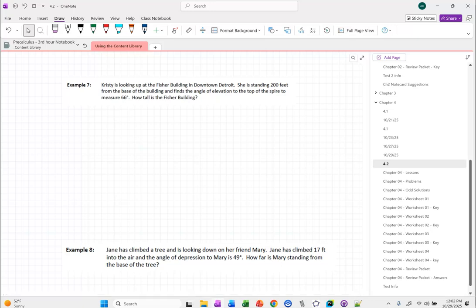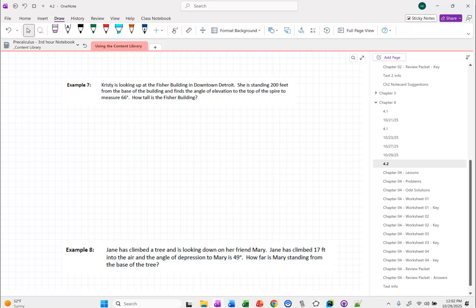Christy is looking up at the Fisher Building in downtown Detroit. She is standing 200 feet from the base of the building and finds the angle of elevation to the top of the spire to measure 66 degrees. How tall is the building?